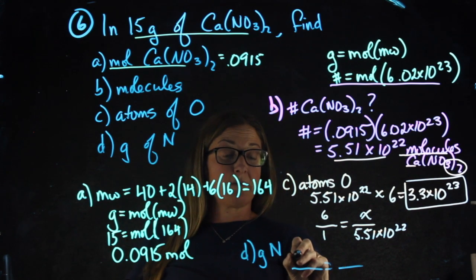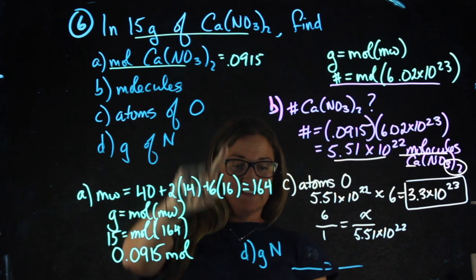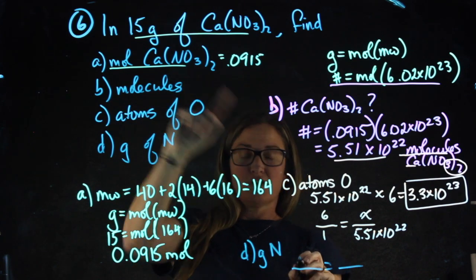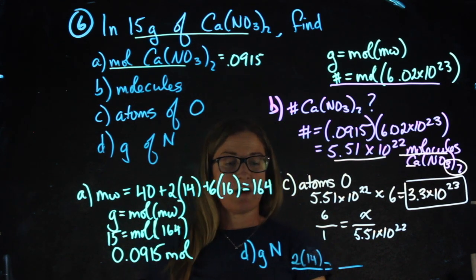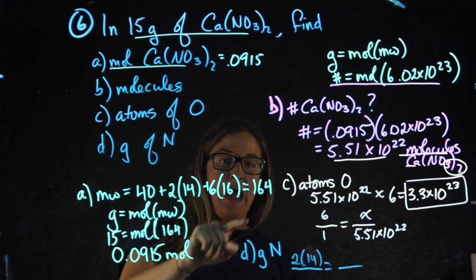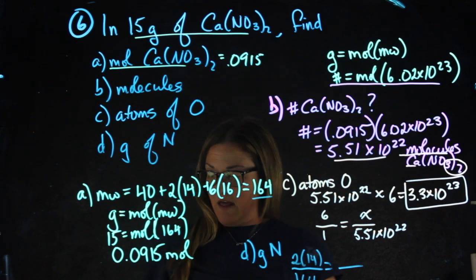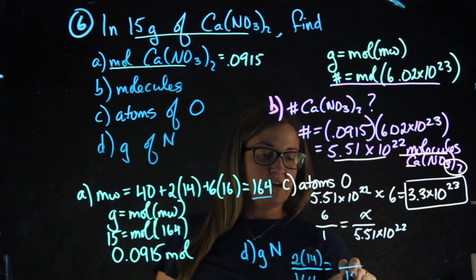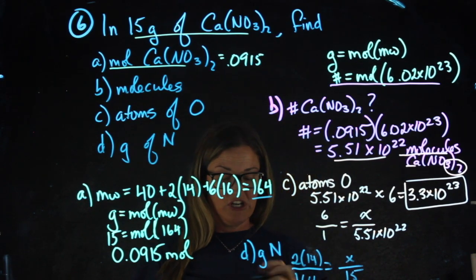Part over whole will equal part over whole. Within calcium nitrate, there are 2 nitrogens. So my molecular weight of nitrogen within there is 2 times 14, out of a grand total of 164. Therefore, if I have 15 grams of calcium nitrate, I can solve for my grams of nitrogen.